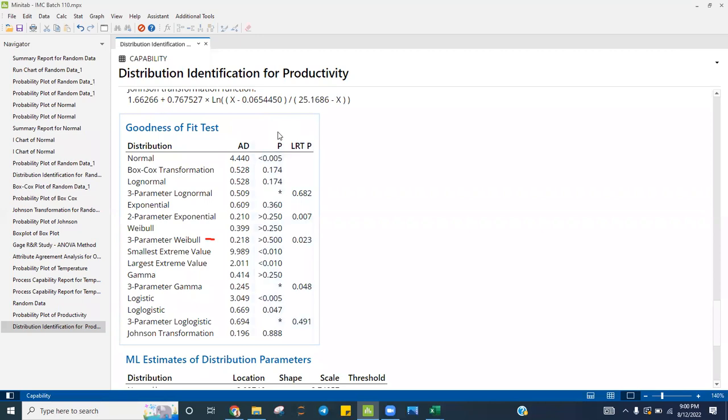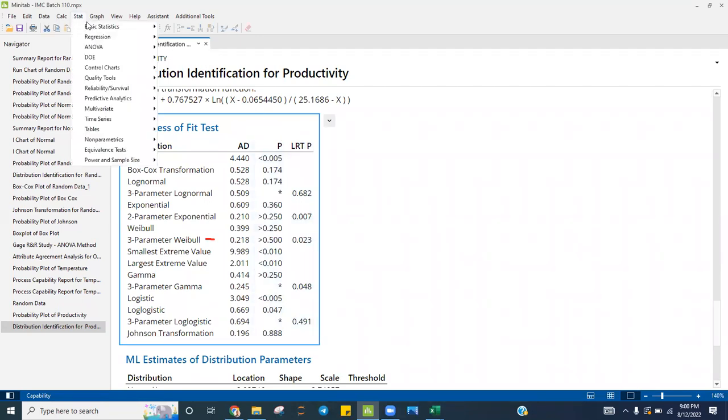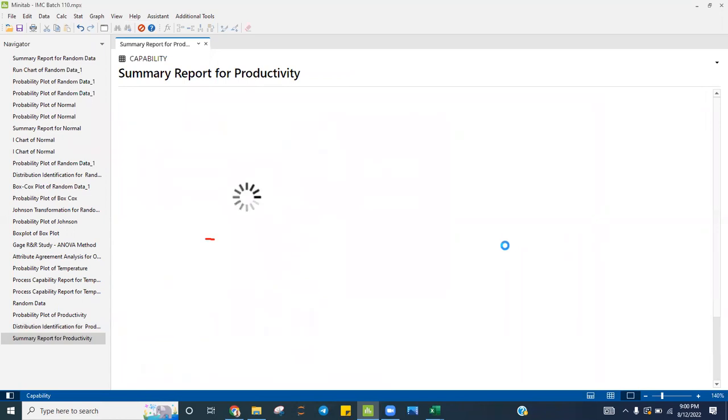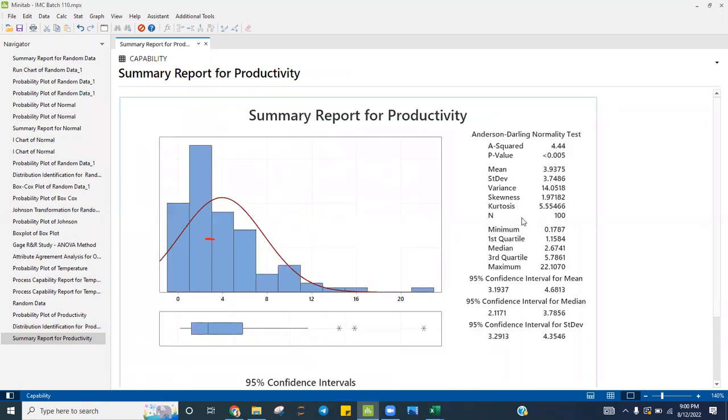I want to check the capability now. So first let's check the graphical summary and understand the variability in my process, from where to where. I see my minimum value is 0.17, maximum is 22. The average value is approximately 3.93, which means the maximum values are on the lower side of the data, right?